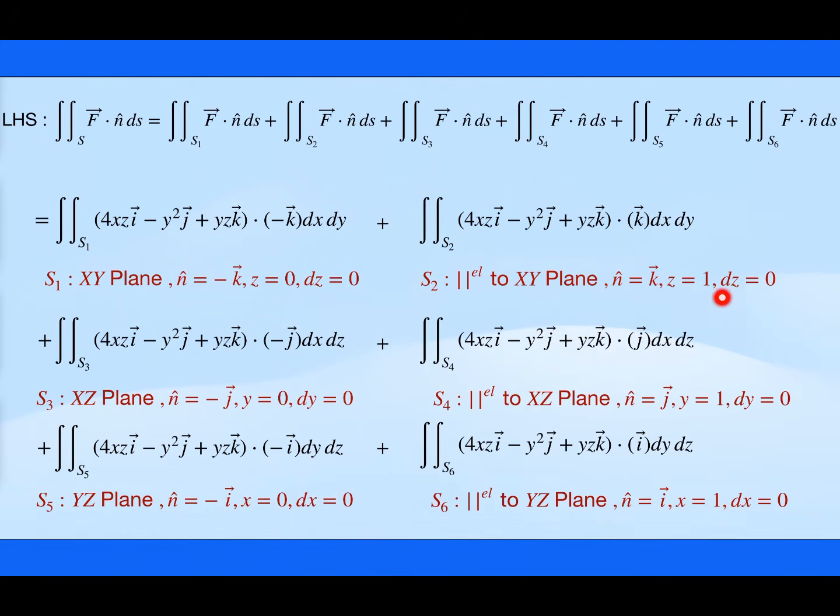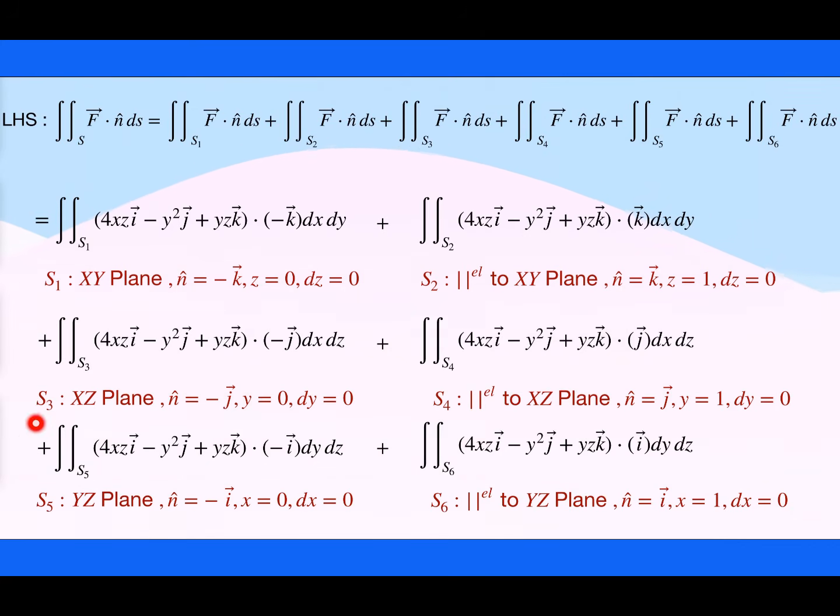So dz is 0. So in the xy plane it is minus k, and parallel to the xy plane it is plus k. So that is the n cap, which is used in the F dot n cap evaluations, you need to understand that, right?